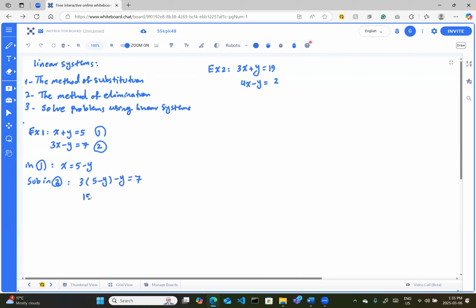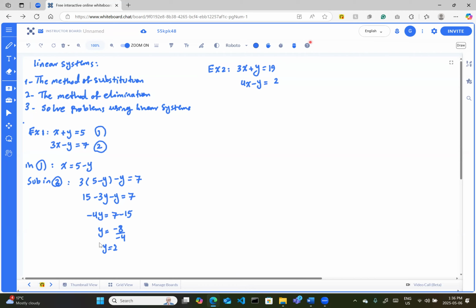So this will be 15 minus 3y minus y equals 7. Negative 4y equals 7 minus 15. And y will be negative 8 over negative 4, which is going to be 2.